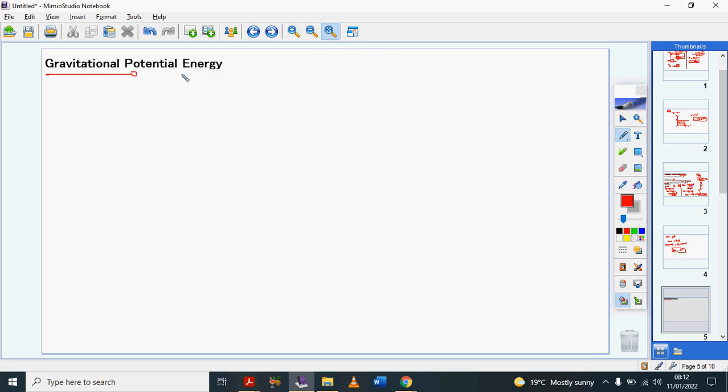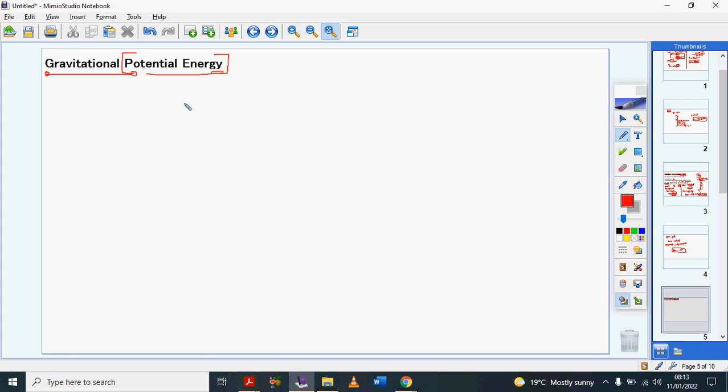Gravitational potential energy, I hinted at this a little bit earlier. I'll start by trying to explain potential energy again. When an object is in a state where there is potential for work to be done, think of the cup that you are holding up and you're going to let go, or it can even be a spring.